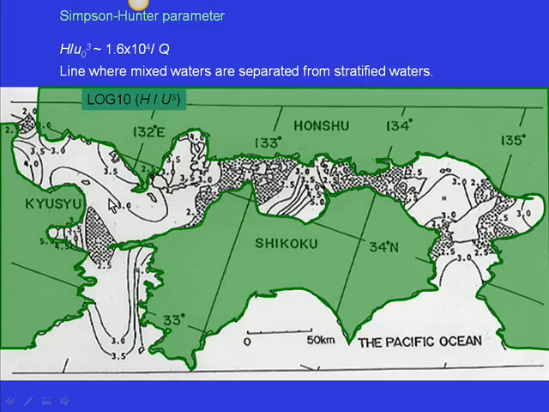So where the tidal currents are weaker, then you have stratified conditions. So in this area it works very nicely because the buoyancy input from river is small, and a lot of stratification is caused by heating, and also because the tidal currents are very strong here, dominate the stratification processes.